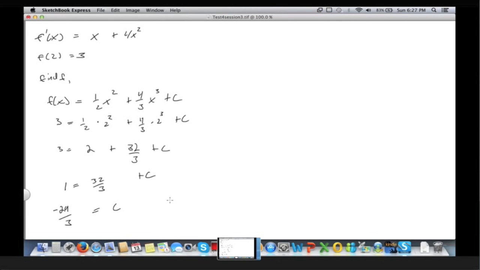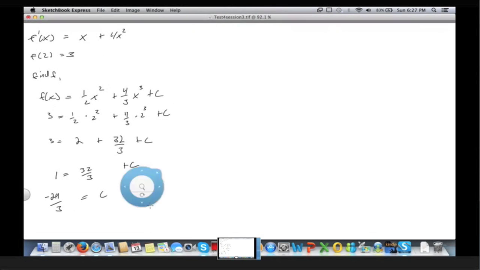All right, so it wasn't super hard to do this with fractions, especially using some of the tricks on your calculator. Good. Now we actually haven't quite answered the question yet. So find f.